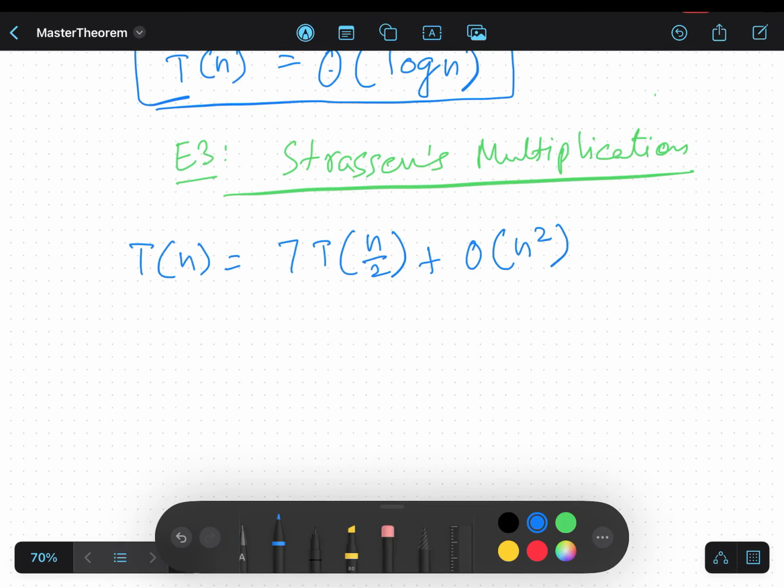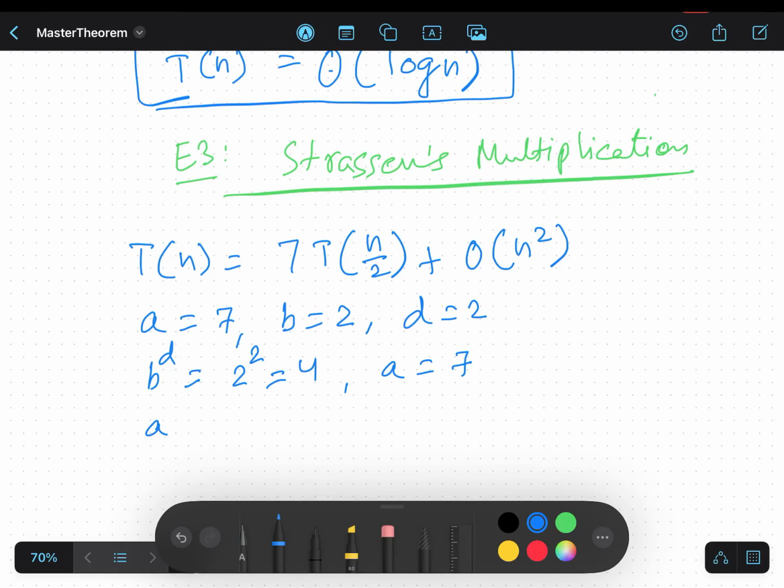Okay, this means A is equal to 7, B is equal to 2, and D is equal to 2. B raised to the power D is 2 raised to the power 2 equal to 4, and A is equal to 7.